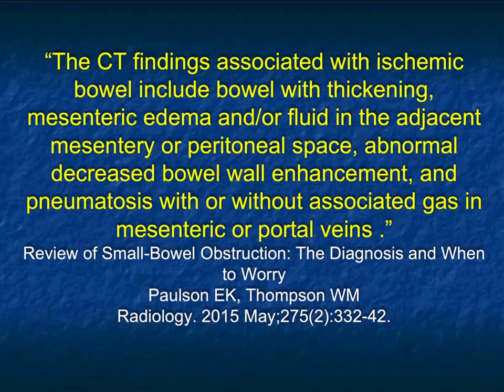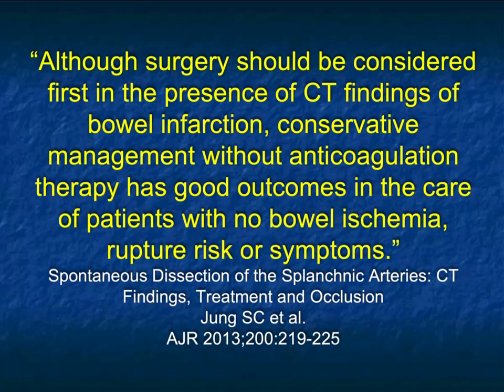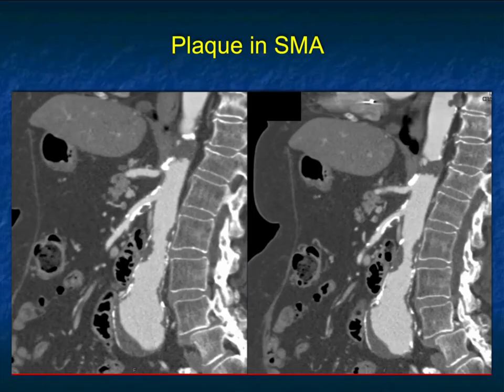The findings associated with bowel ischemia, besides bowel wall thickening, really talk about looking at vessels, both on the arterial and venous side. So we're looking for portal vein and SMV thrombus or thrombosis. We're looking at SMA and celiac, occlusion or narrowing, or some other complication in that regard.